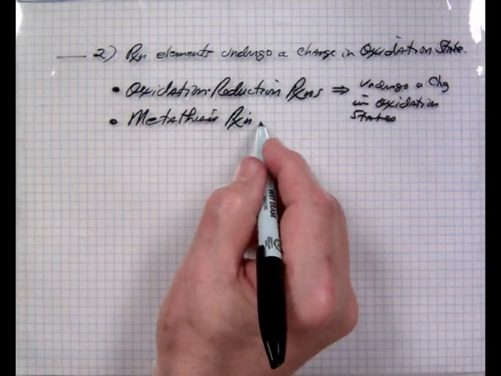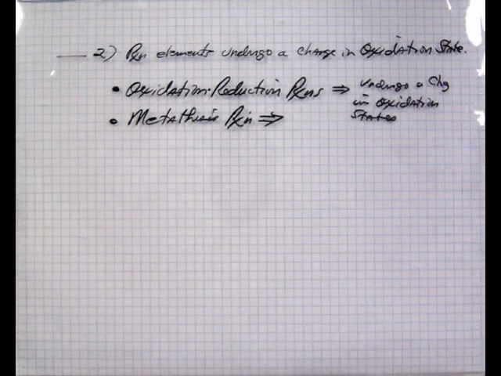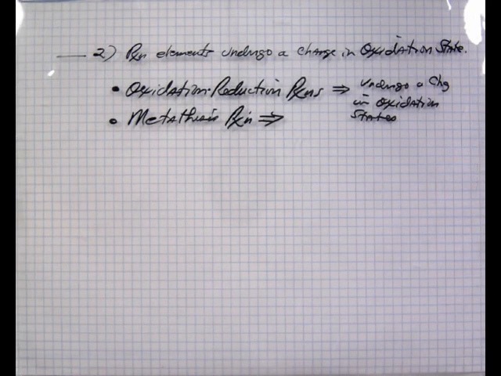A reaction such as the metathesis reaction, and we'll show you those today, does not change oxidation states going from reactant side to products. They exchange ions, form precipitates or gases or weak electrolytes.